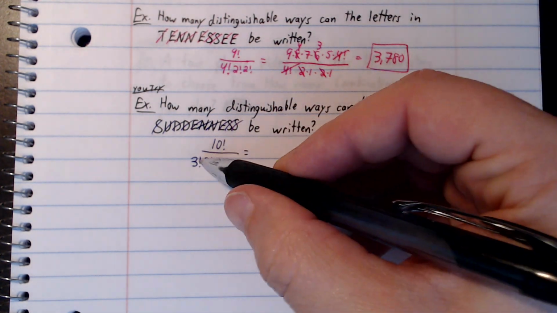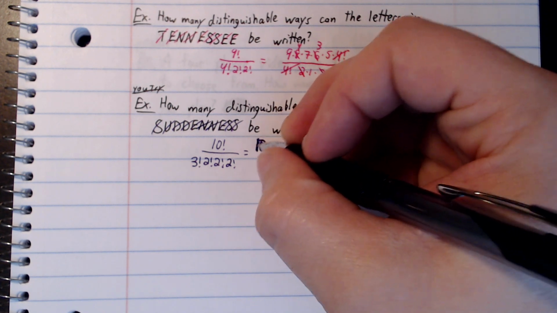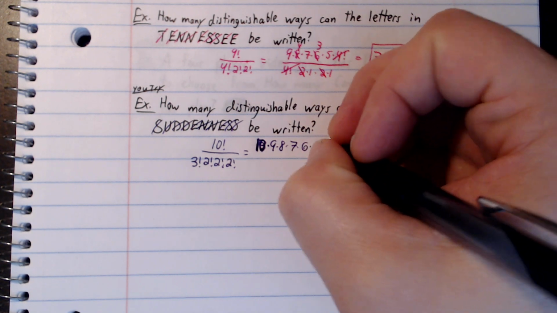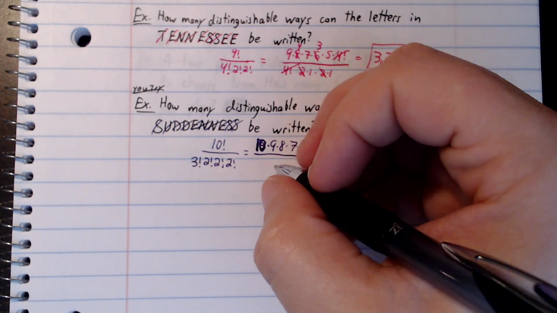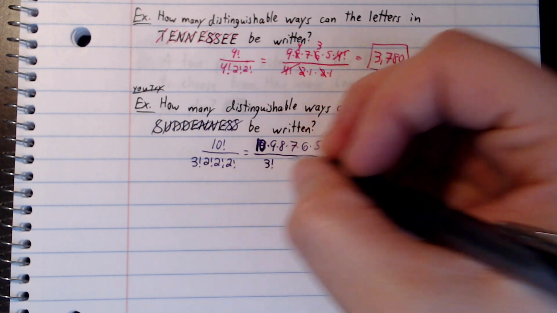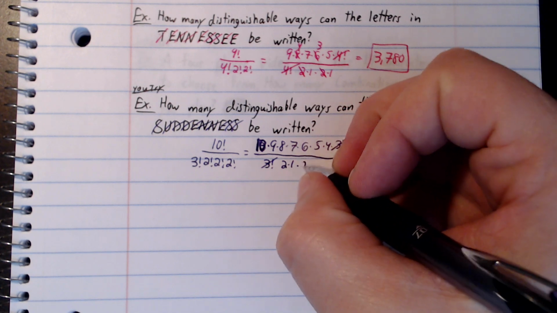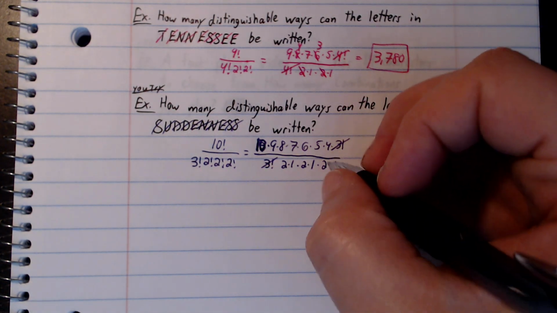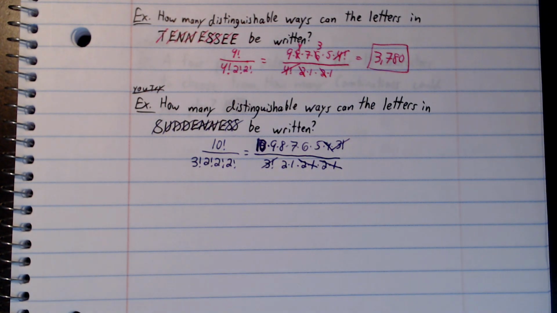So we can expand this all the way down to 3 factorial. Oops, what am I doing here? Make that a 10 first. 9, 8, 7, 6, 5, 4, 3 factorial. So those will cancel. And then we've got a couple of 2 factorials. 2 times 2 is 4, so I can eliminate those.